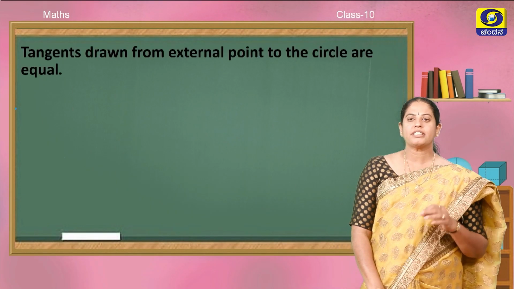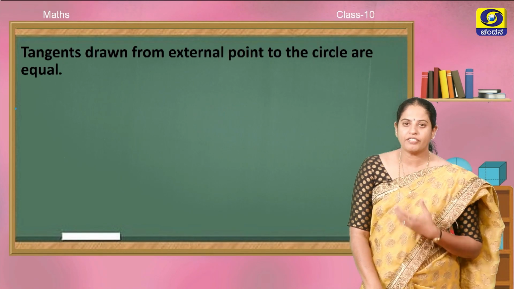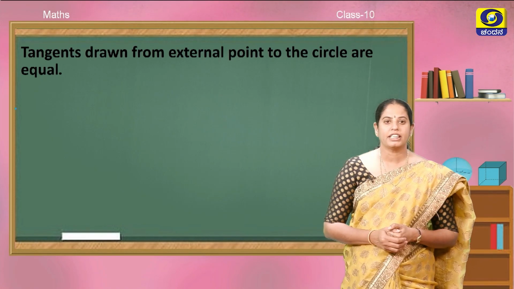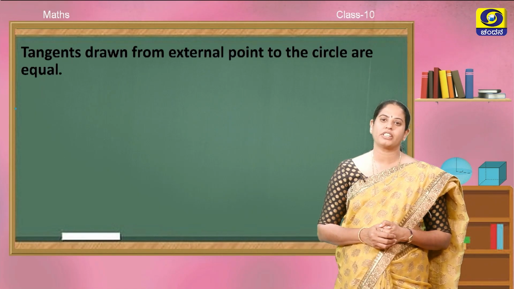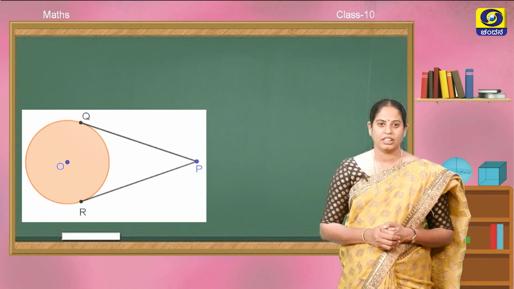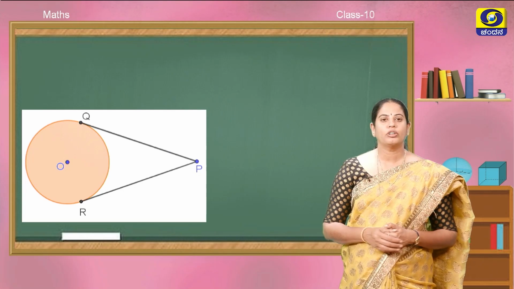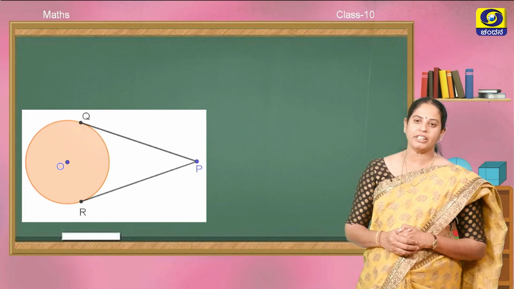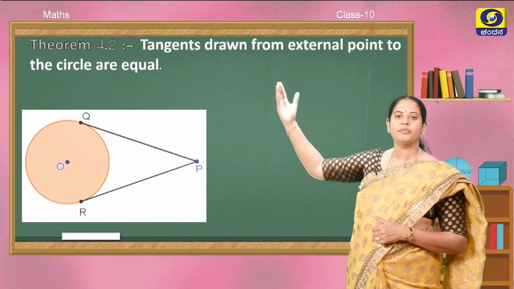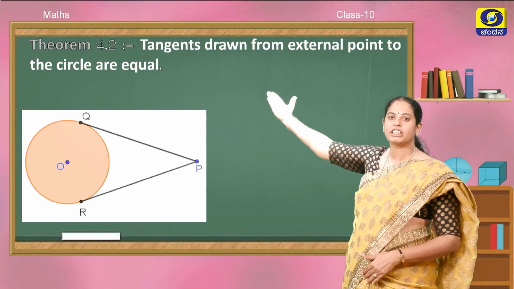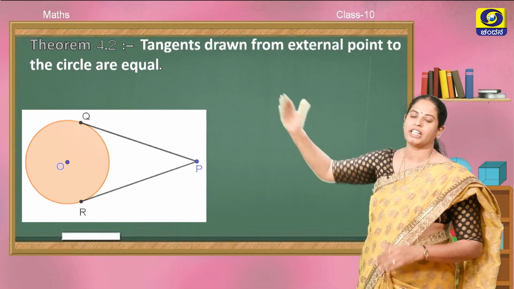So, this is the inference that we got from the activity, that is, tangents drawn from an external point to the circle are equal. Now we have to prove this statement, and that is theorem 4.2: tangents drawn from an external point to a circle are equal.